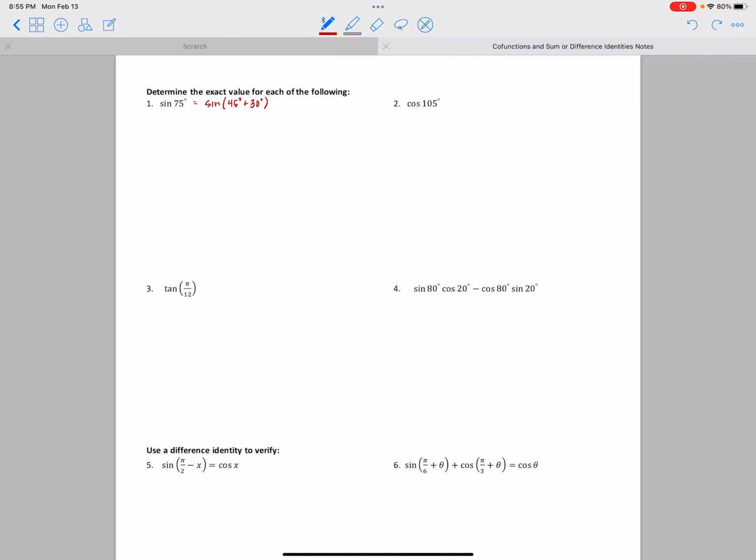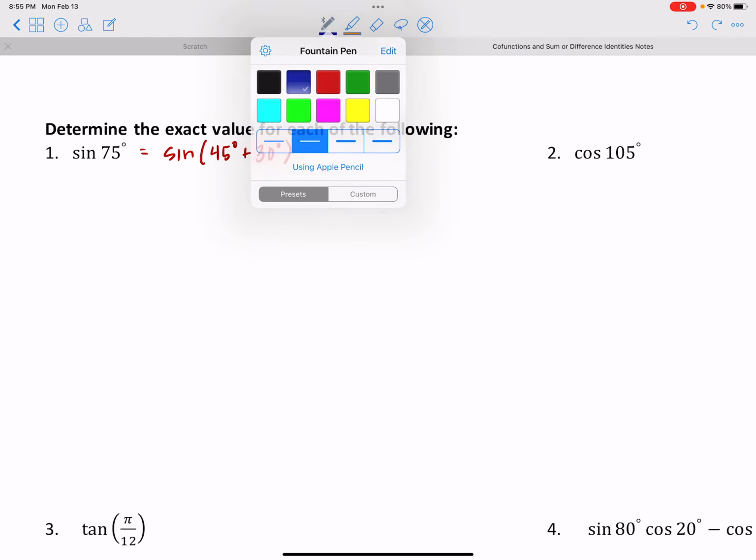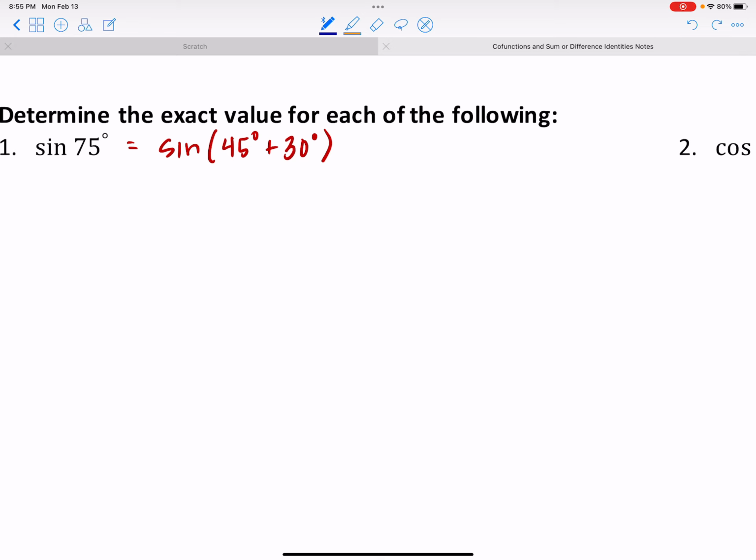A lot of page flipping is going to happen here. So let me write down my formula so I don't have to keep going back and forth. The formula for the sine of a sum, using u and v, says that the sine of u plus v is going to be equal to sine u cosine v plus cosine u sine v. Okay, so there's the formula. If I know what u is and what v is, then it shouldn't be too hard to plug these things in.